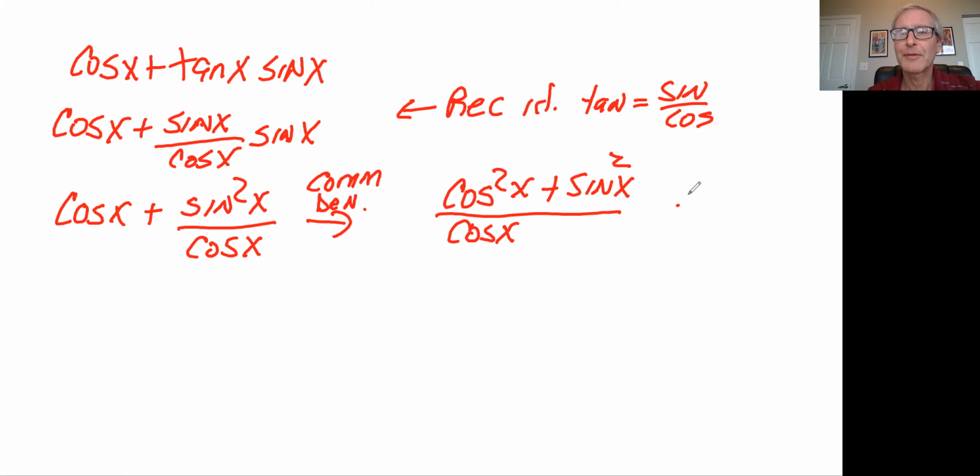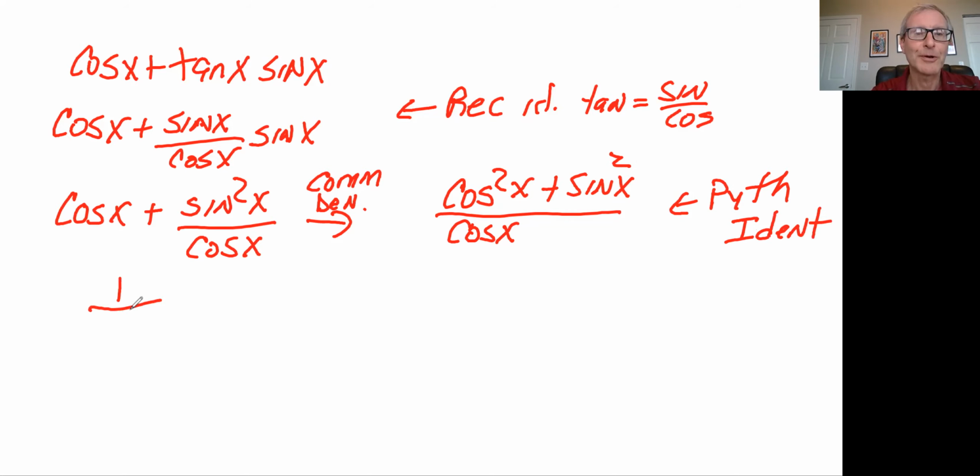So now with the Pythagorean identity, all right? And again, you have to indicate what you're doing here. The idea is cosine squared plus sine squared equals the number one, as I said, one of the more important identities.